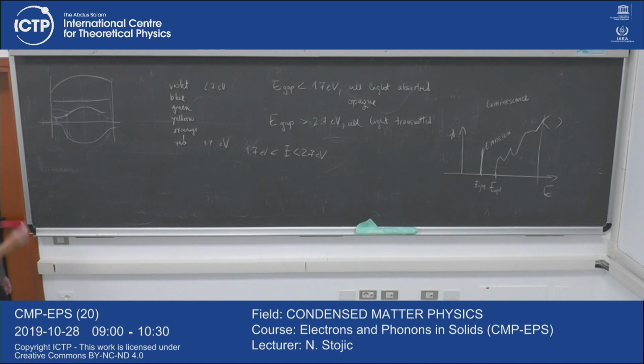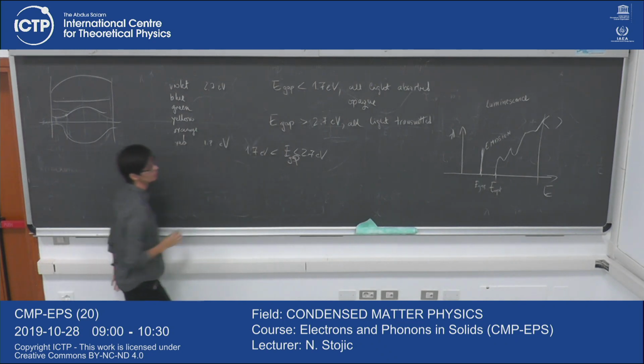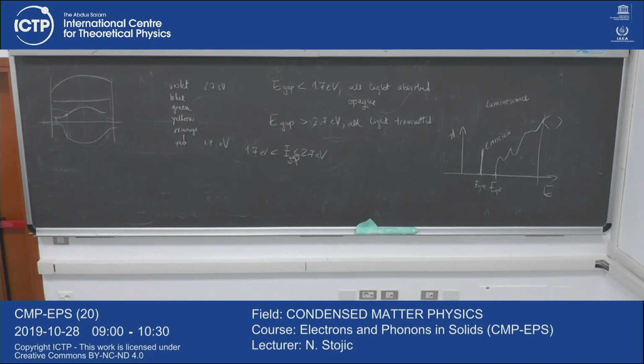The wavelengths that can be transmitted are the ones which determine the color.